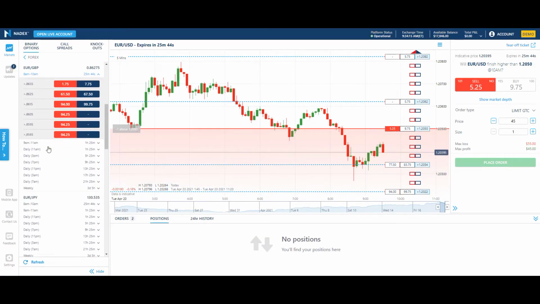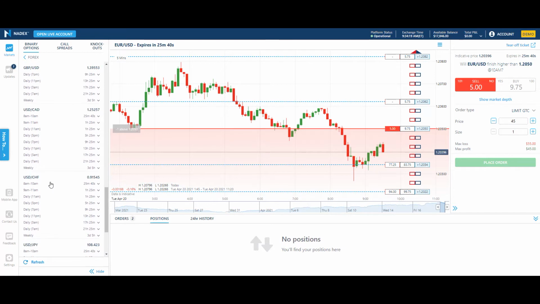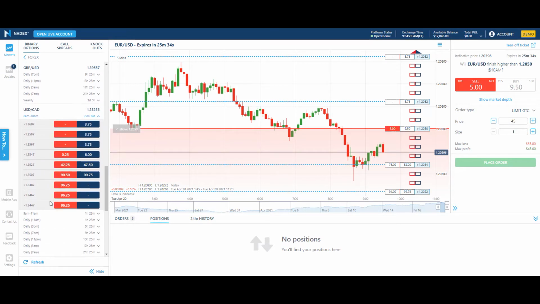If I jump over to Nadex, holy crap, they're 20 pips apart. So 25.07 would be... See, this is the USD CAD, 20 pips apart now.